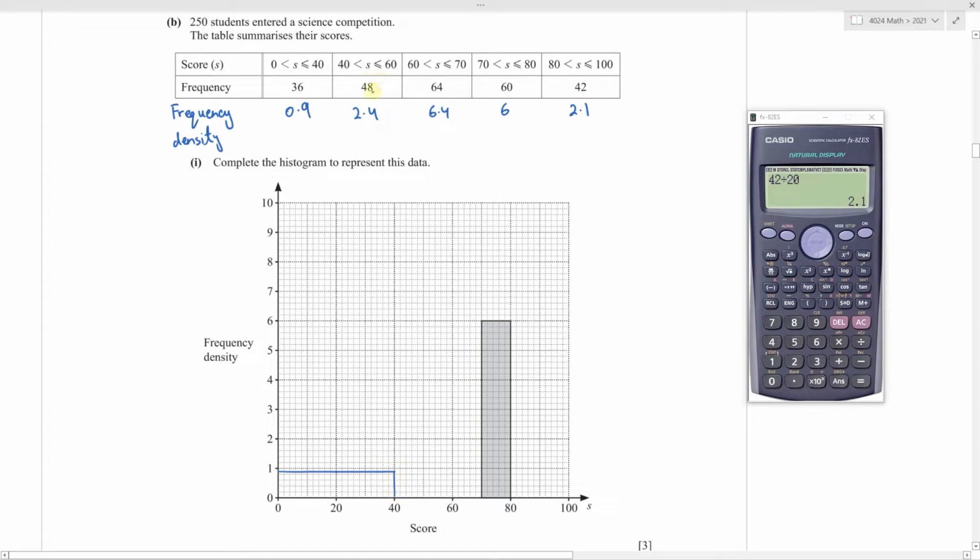And then for 40 to 60 I have 2.4, so 2.2, 2.4 here. Then 60 to 70 I have 6.4, 6, 6.2, 6.4.